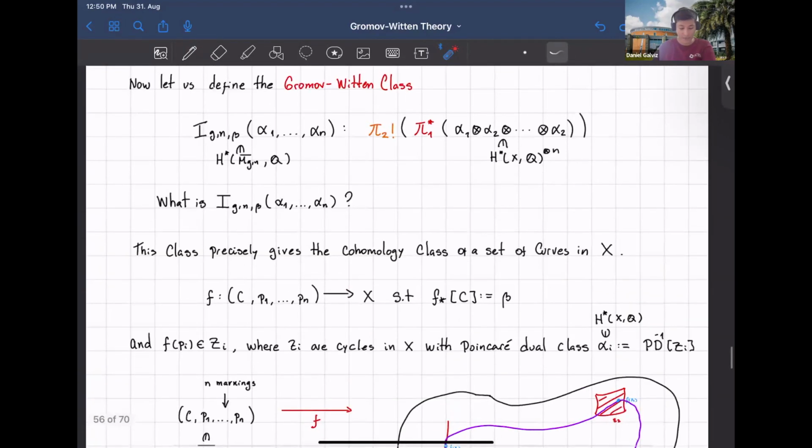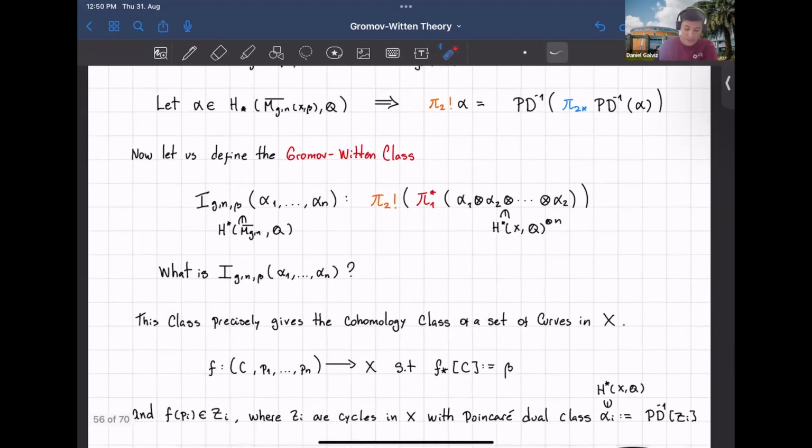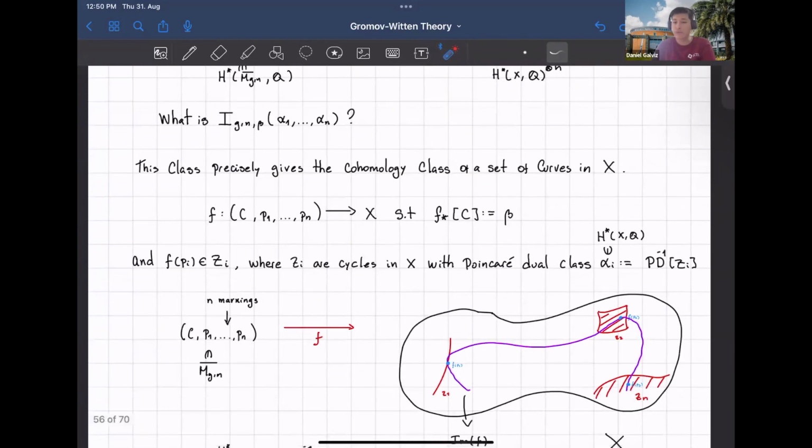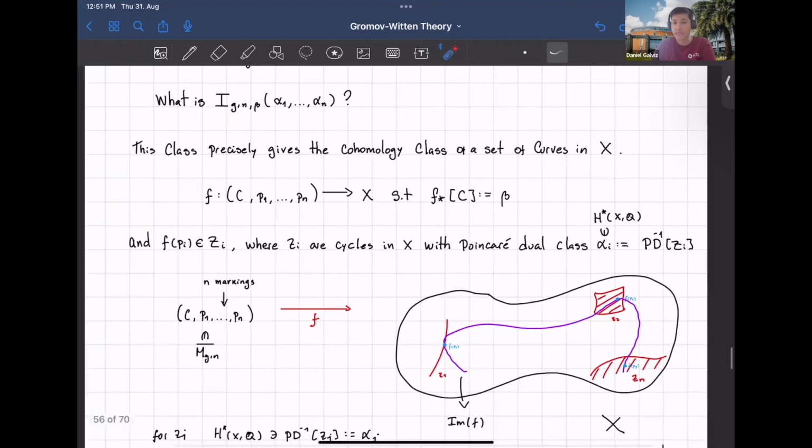So this Gromov-Witten class lives in the cohomology of the stable curves. Now if you want to get an invariant out of this, you need to get a number, and the way to get a number is just to integrate. And what do you integrate over? The moduli space.